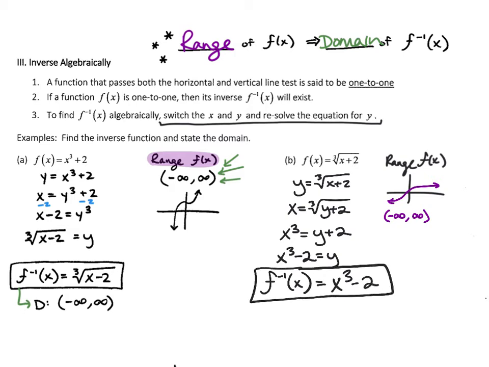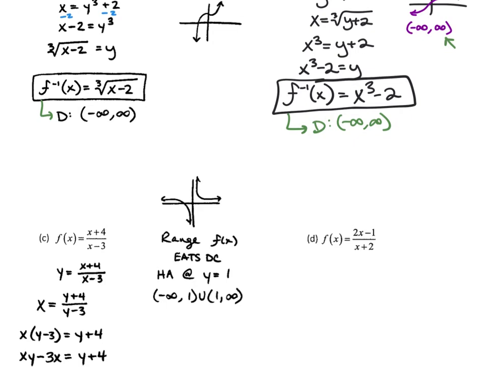And without having to do much thinking on what the domain is now, I already can answer that the domain is from negative infinity to infinity, because that's, again, the range of my beginning graph. Okay, so the steps here are: make sure you know the range of what you started with, switch x and y, resolve for y, and then use that same range as your new domain.